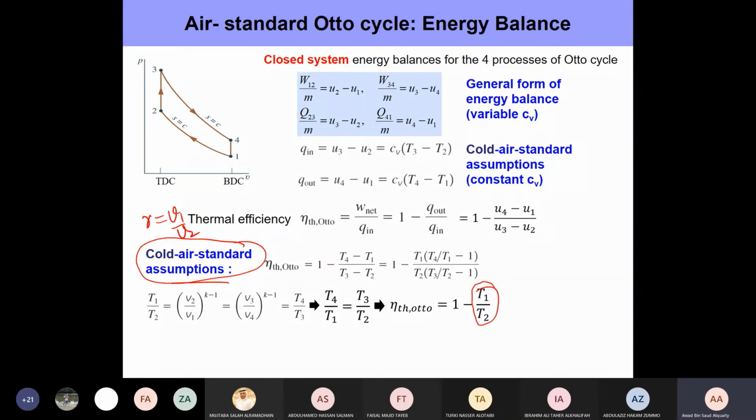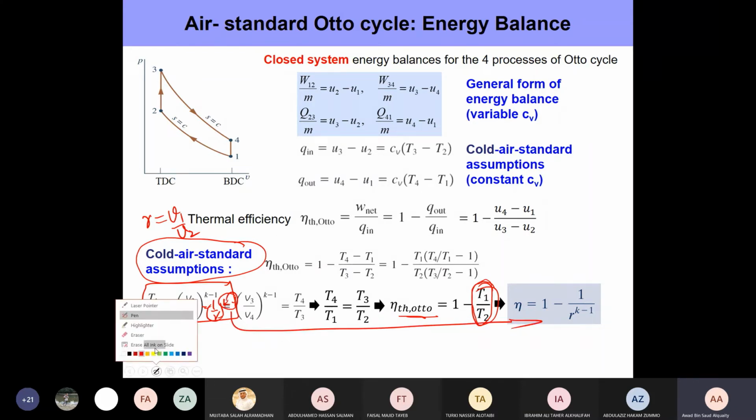So by using this relation between T1 by T2 and V2 by V1, we can write the formula for efficiency in terms of the compression ratio in the following way. We can write it as 1 minus 1 by r raised to k minus 1. So T1 by T2 is simply 1 by r raised to k minus 1, and this is what we are writing here.